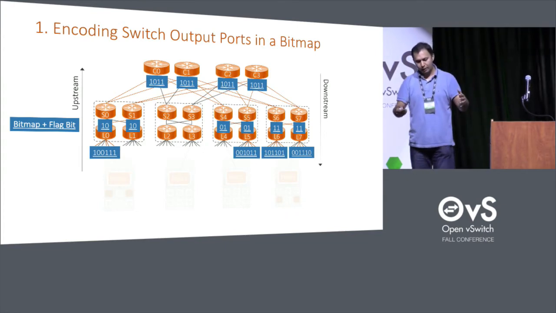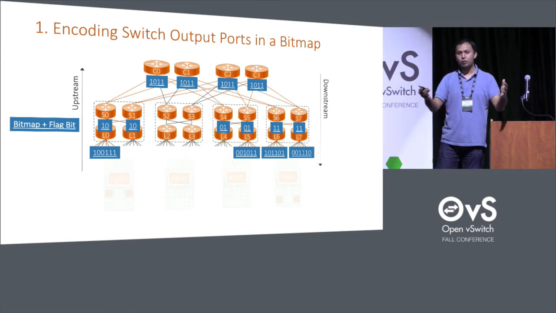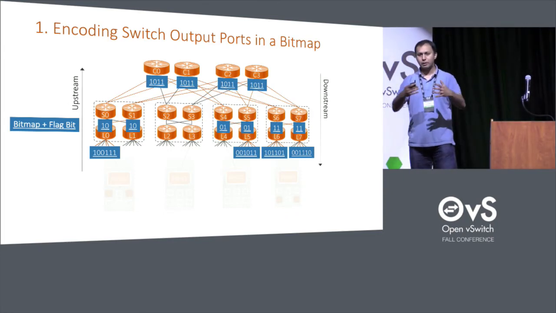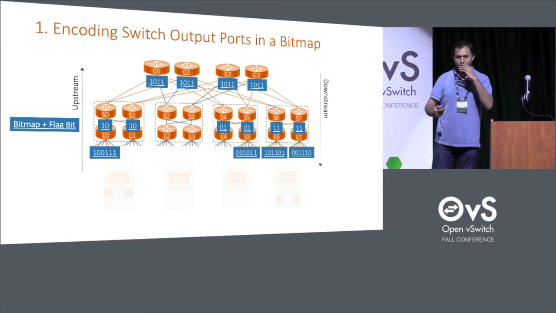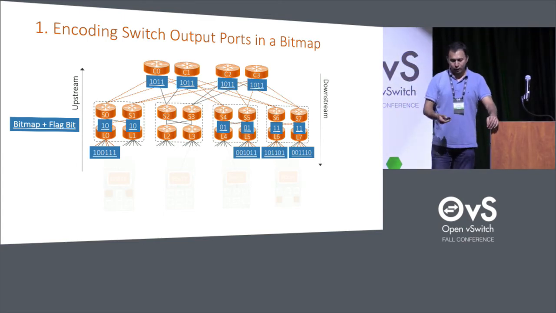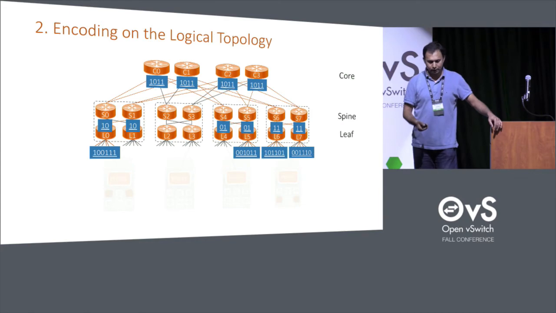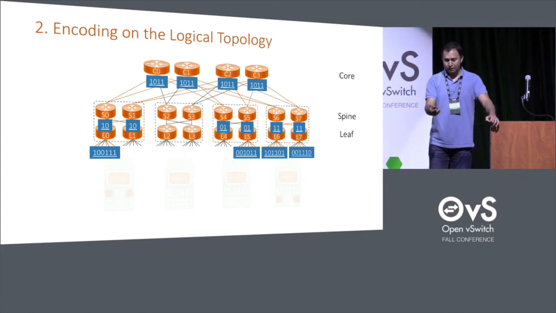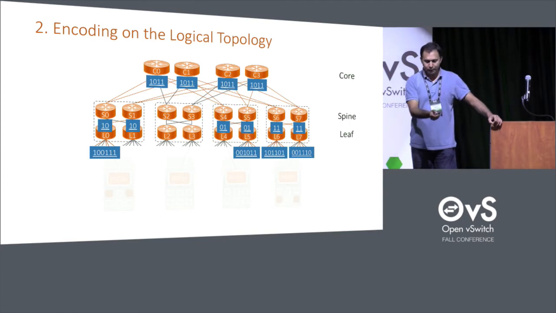But if you look at this, collectively, this can become a huge packet. If you collect all these bitmaps together and try to encode them as a packet header, this can become pretty cumbersome. So to reduce this, the second design decision that we make is we exploit the symmetry in the data center topology. We see that if you look at all the core switches, they're using the same bitmap.